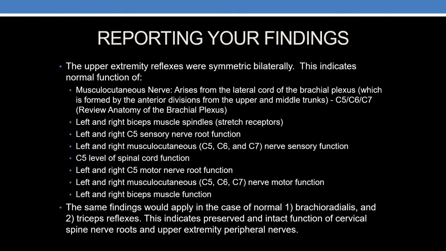And really, it indicates preserved and intact function of cervical spine nerve roots, cervical spine, and upper extremity peripheral nerves. And so really, normal reflexes is indicative of normal neurologic function of both nerve roots and spinal cord.